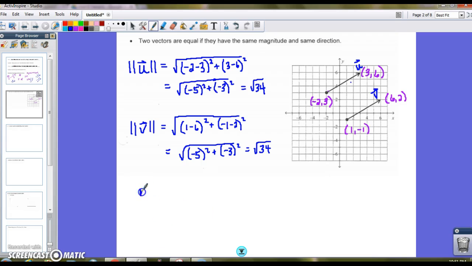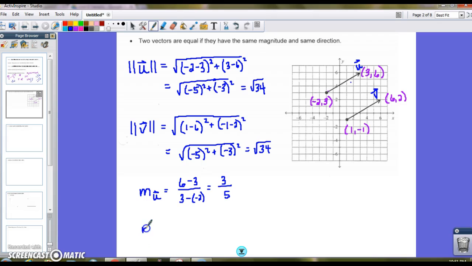Let's find the slope of U. I'm just doing change in y over change in x, so 3 minus -2, and that would give me 3 over 5.